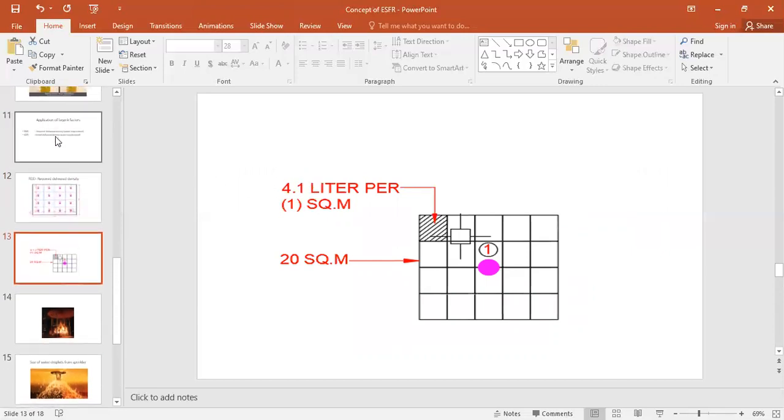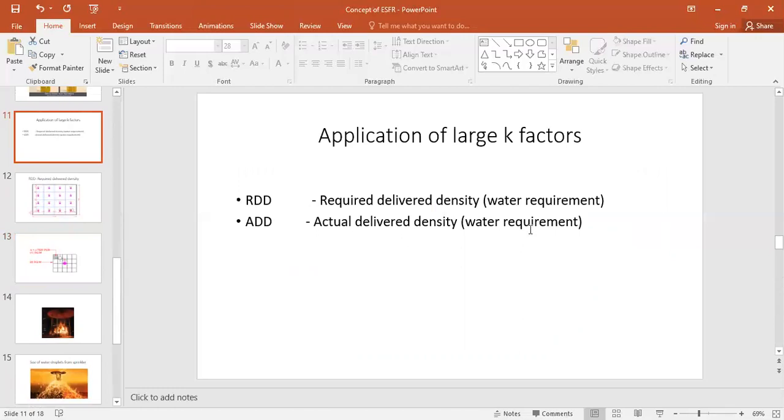Back to this topic, as I said earlier, if the required delivered density is 4.1 and the actual delivered density is less than 4.1, what will happen? We are using water as a fire control agent, so the fire control mechanism will not work properly.